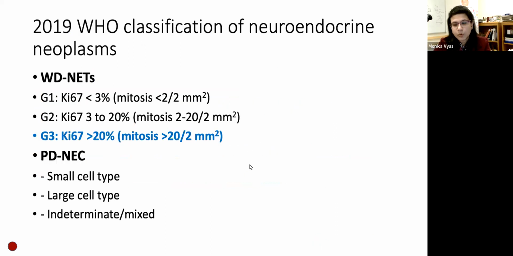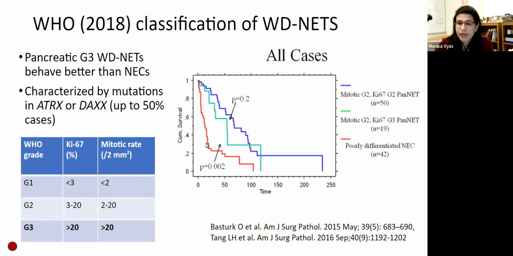So I would quickly point to the new WHO classification of neuroendocrine tumors, which has created this new G3 category within the well-differentiated neuroendocrine tumors. Before the 2019 WHO classification, any neuroendocrine tumor with Ki67 of more than 20% was classified as carcinoma. However, it was shown that certain tumors which have a well-differentiated morphology but have a higher proliferation index tend to do better than neuroendocrine carcinomas.